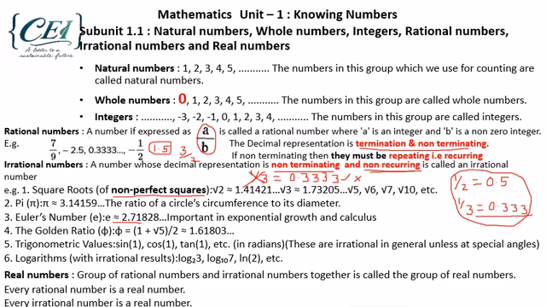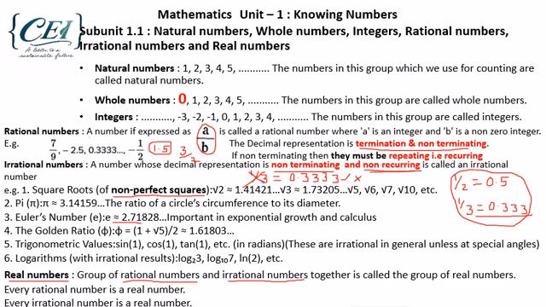Now this total of rational and irrational numbers forms the real numbers. The real number is a group of rational numbers as well as irrational numbers.